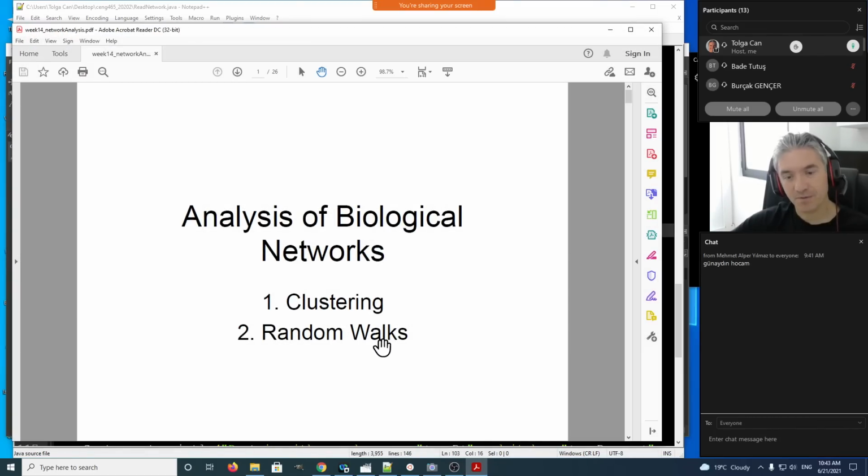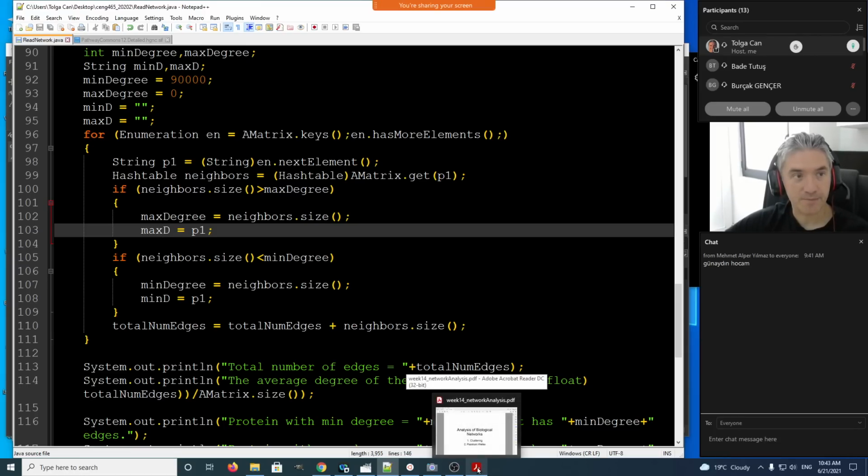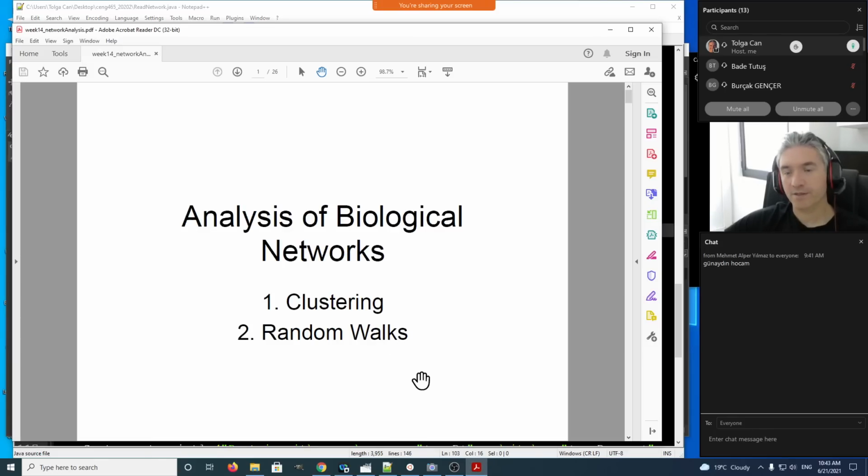You can easily implement them on this adjacency list representation that we have seen. So we spent an entire hour on this simple code, but I think it's worthwhile. If you understand this, it will give you a really good starting point to implement the algorithms that you're going to see later.